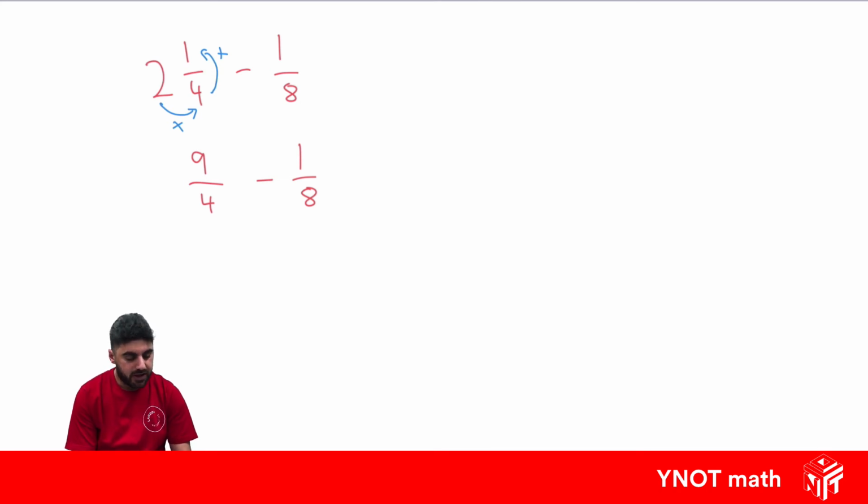And now this looks a bit nicer to deal with, but not as nice because the denominators aren't the same. So we're going to need the lowest common denominator, or the lowest common multiple, which is the same thing. Now, you could write out all your multiples, or you might already know that the lowest common multiple is 8.